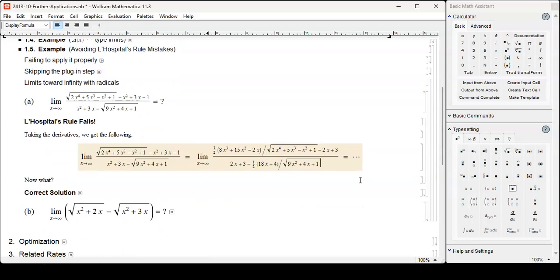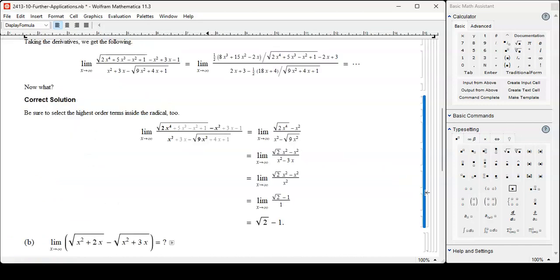The purpose of L'Hopital's rule, or any other technique as a matter of fact, is to make the problem simpler so that you can handle it. It's getting worse. And this is really, really typical: limits toward infinity with radicals. Do not use L'Hopital's rule.